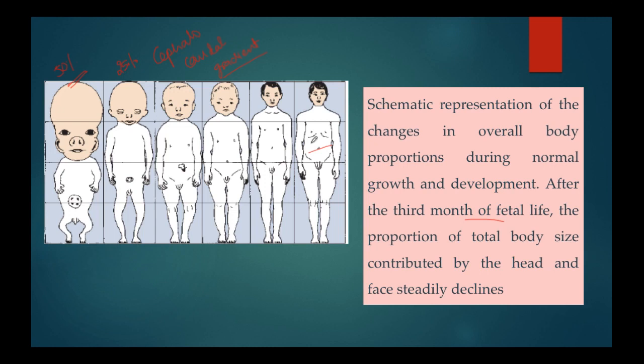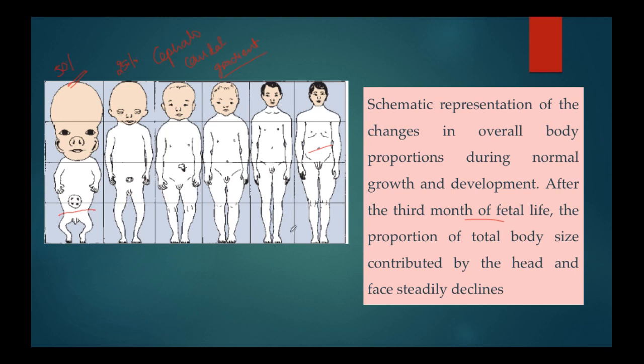That is, as we move towards the feet, there is an increased gradient of growth. Now if we see the hind limbs in these diagrams, they constitute even less than 25%.